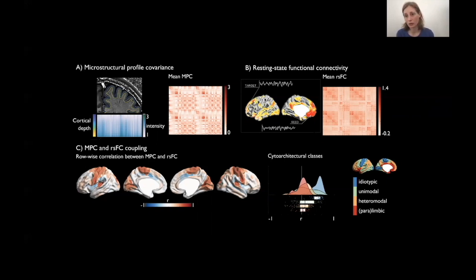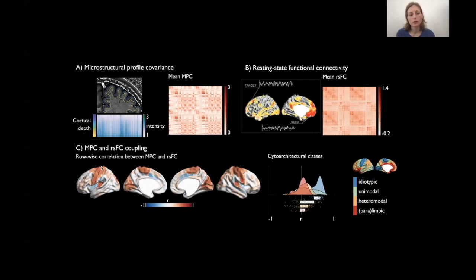And for resting state functional connectivity, I just took the time series of the seed and the target and correlated them, resulting in this matrix. Following, to see if regions that have a similar microstructure, namely that they have a positive correlation, also relate to their functional connectivity, I did this edgewise correlation of both metrics and then projected this on the cortex.